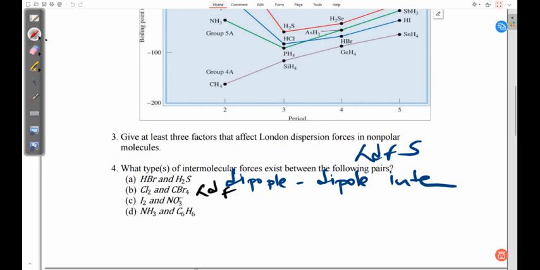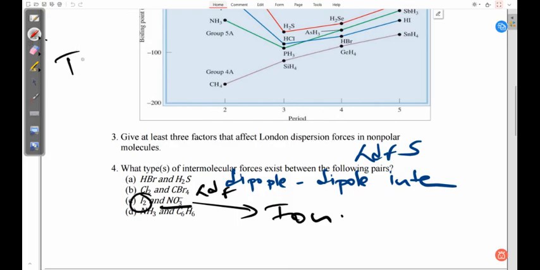Then we move to the third one. Iodine is in the same group, so iodine is definitely not charged, it's non-polar. This one, we can clearly see it's got a sign, so it's an ion. When an ion begins to interact with a non-polar substance, it induces a charge on the non-polar substance. Those interactions we call ion-induced dipole.